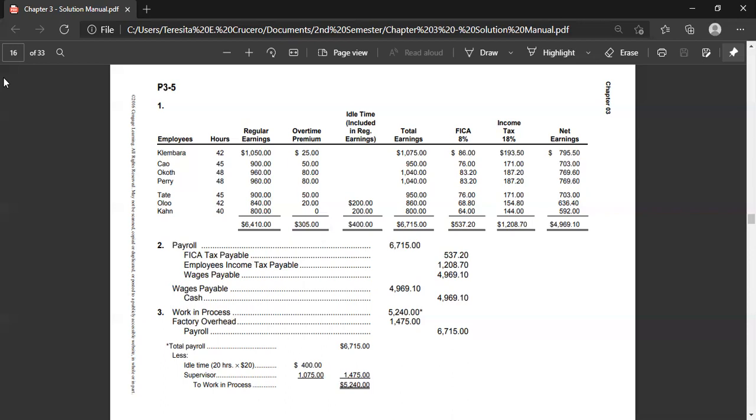Now for Cow, the basic rate of Cow is 20. So 20 multiplied by 45, the basic is 900. Now the overtime rate for Cow is 30.